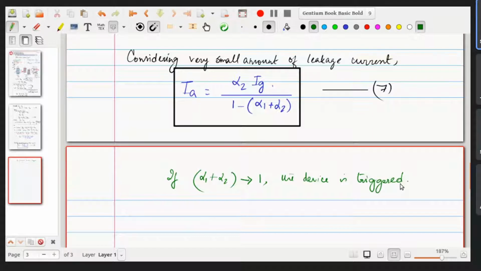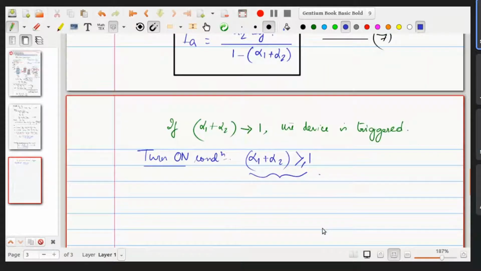So that is going to be defined as the turn on condition. The turn on condition we will refer to as alpha 1 plus alpha 2 greater than or equal to 1. This is going to be referred to as the turn on condition of the SCR. And if we try to satisfy this, what are the things that need to be done?